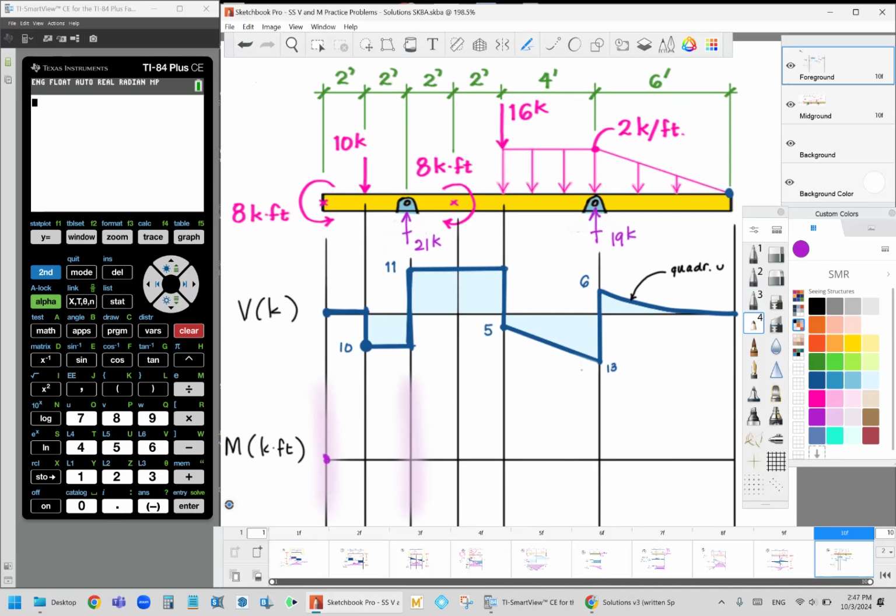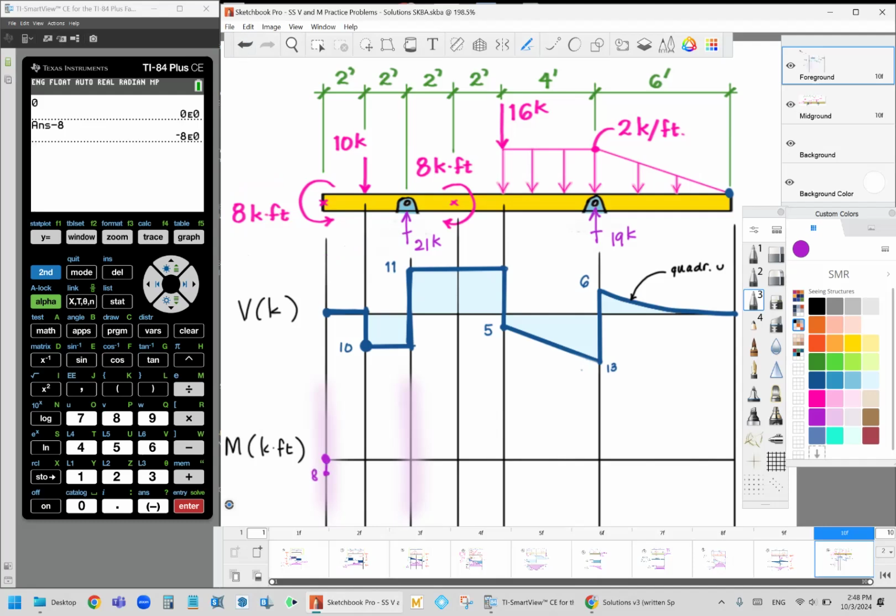Let's go ahead and do this last one. So we start at 0. And my 8 kip foot applied moment is counterclockwise. We jump down. Okay, so -8, jump down and come down here to, goodness, thinking ahead and thinking about scale.